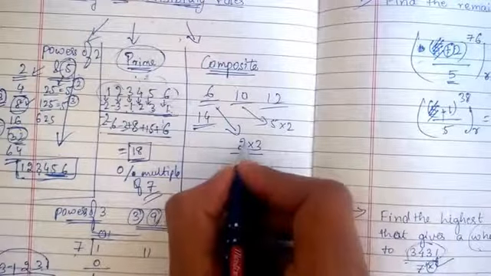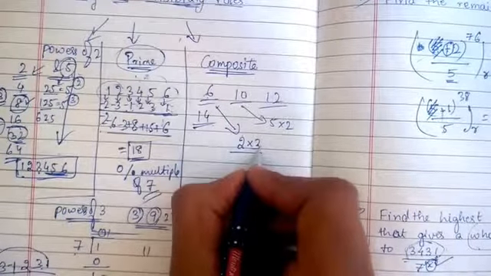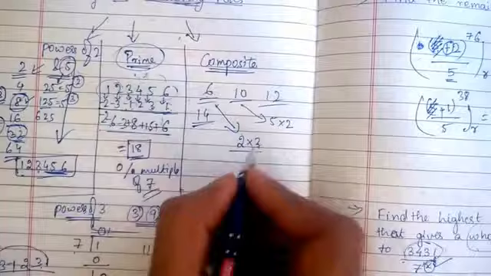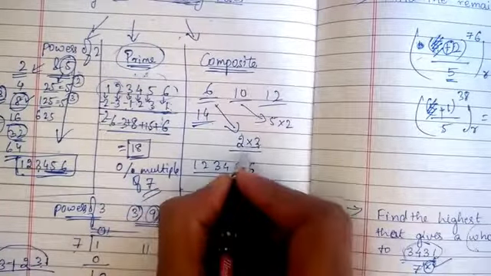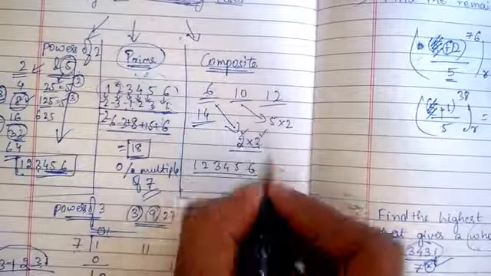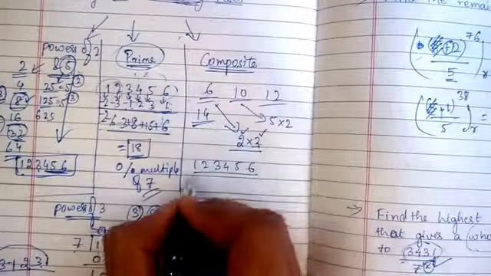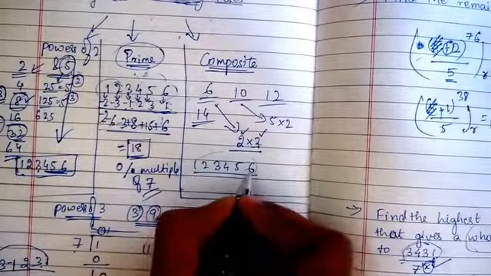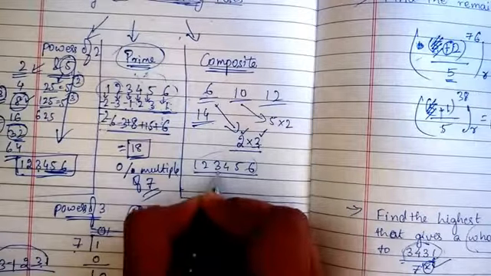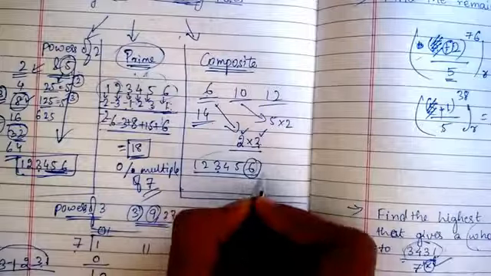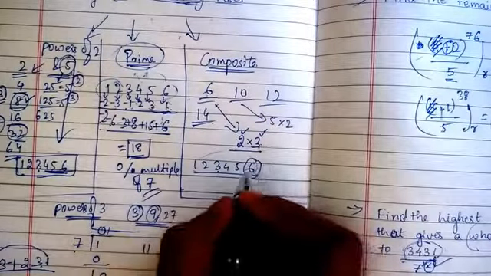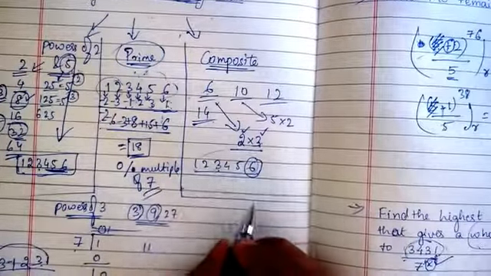Now then after writing it as a product of two numbers, you have to check if the number we were checking for 1 2 3 4 5 6, if this number is divisible by both 2 and 3. If it is, then the whole number is divisible by 6. Now to check for this number to be divisible by 2, the last place should be either 0 or 2 4 6 8 or an even number in general.